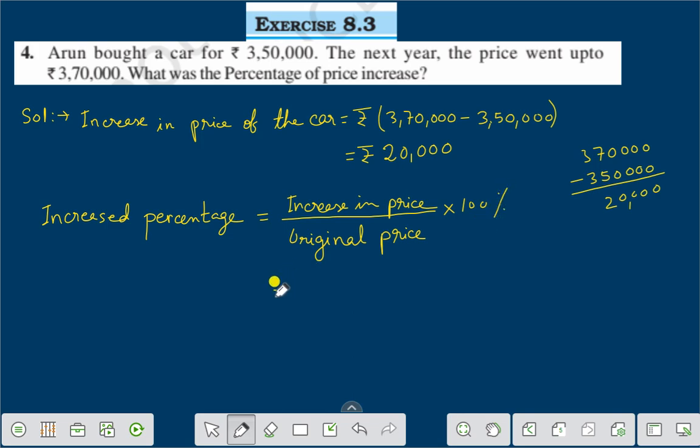Now increase in price is rupees 20,000 and original price was 3,50,000, into 100%.